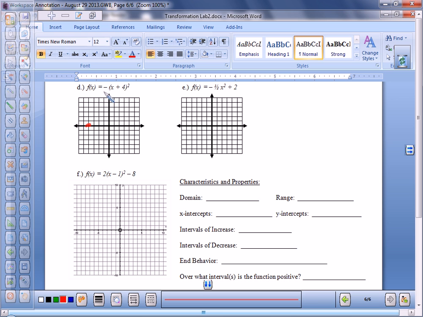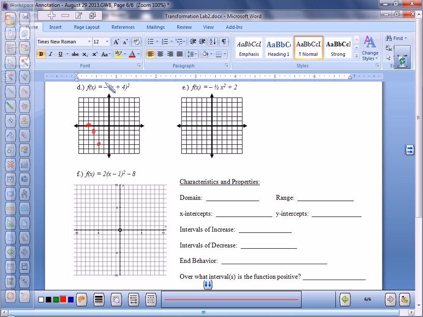Oh, yes. Because this is like negative f of x. Here's my function. And negative out in front changes the y's to the opposite. So instead of going right 1 and up 1, I'm going to go right 1 and down 1. Instead of right 2 and up 4, I'm going to go right 2 and down 4. Because this negative flips it over the x-axis.